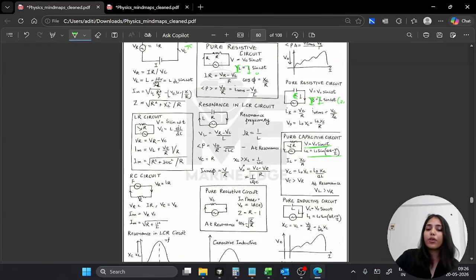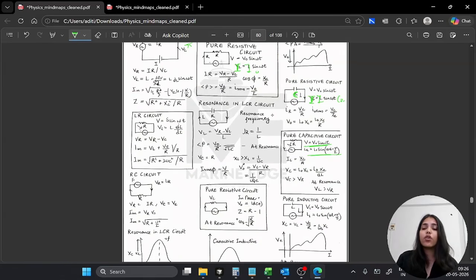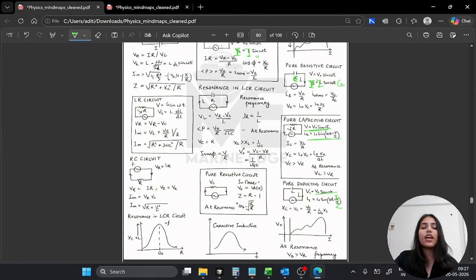Then we have a pure inductive circuit. Again, in this case, voltage leads current by an angle of 90 degrees. So the voltage will be V naught sine omega t, and current will be I naught sine omega t minus pi by 2. Okay. Now, in this case, whatever resistance is offered is only coming because of the inductive reactance. So that is the resistance of the circuit. Then we have the LR circuit.